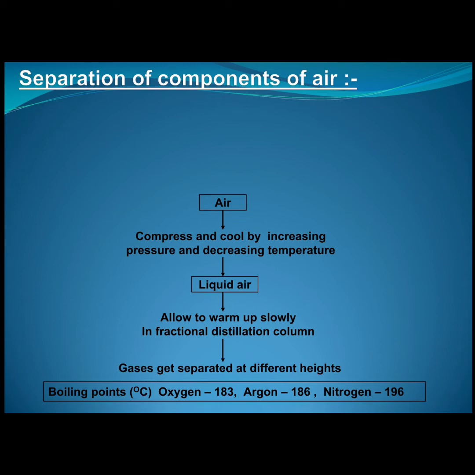After that, we allow it to warm up slowly by filling it in the distillation column, and slowly as the air gets warmed up, the different gases, oxygen, argon, nitrogen, all get separated out. So nitrogen, having the lowest boiling point, separates out first, then argon, and then oxygen.